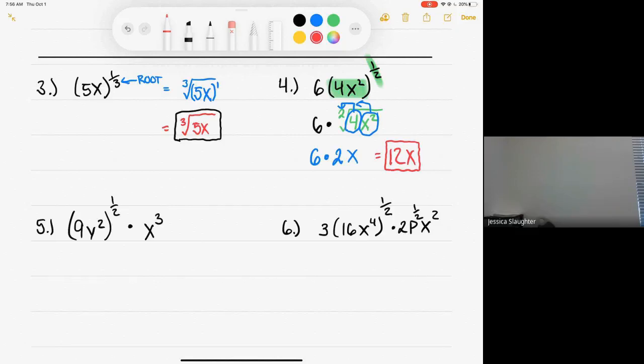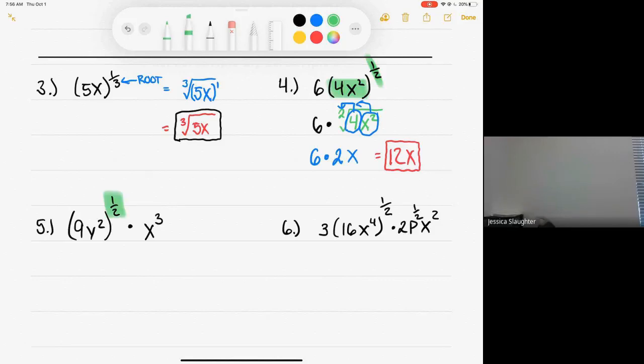Example 5, again, looks slightly different. I have 9y squared to the 1/2 power times x to the third. When we're worrying about where to start, always start with your parentheses. The parentheses are being affected by this 1/2 power, right?